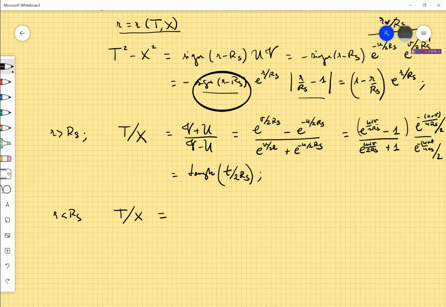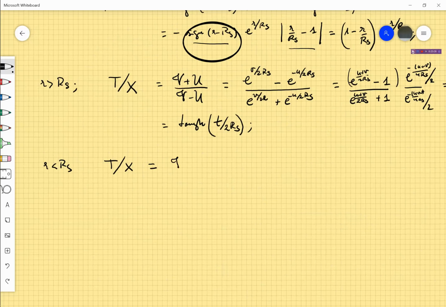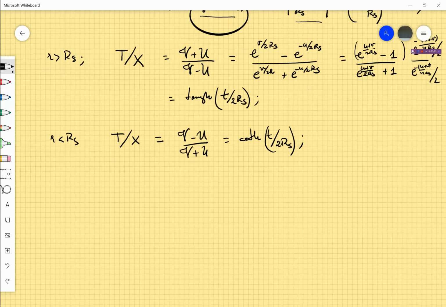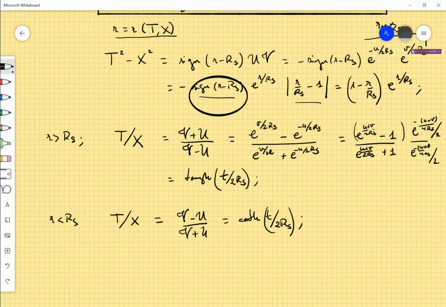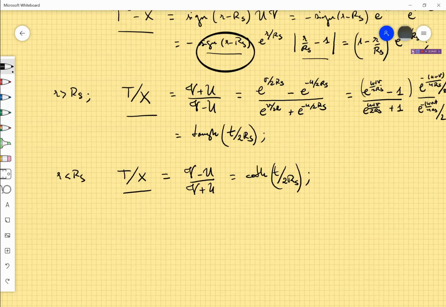Now u always comes multiplied by a minus sign, so you get v minus u divided by v plus u, which is the inverse of this, the hyperbolic cotangent of t divided by 2rs. These are the main two relations, and now you can combine this and this in order to have separate expressions for capital T and capital X in terms of r and small t.